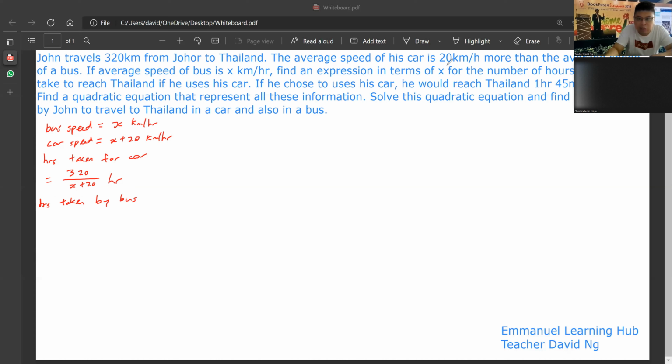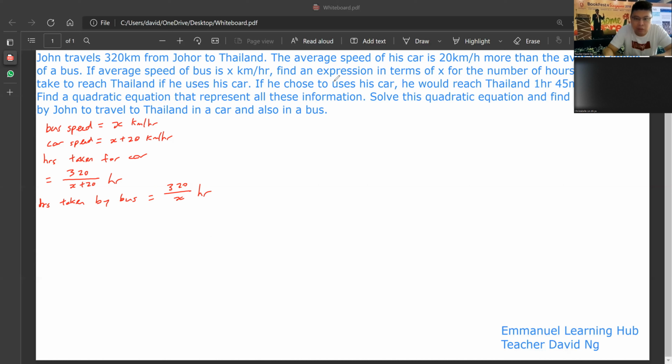Okay, car is this. Bus would be different, right? Bus would be this.